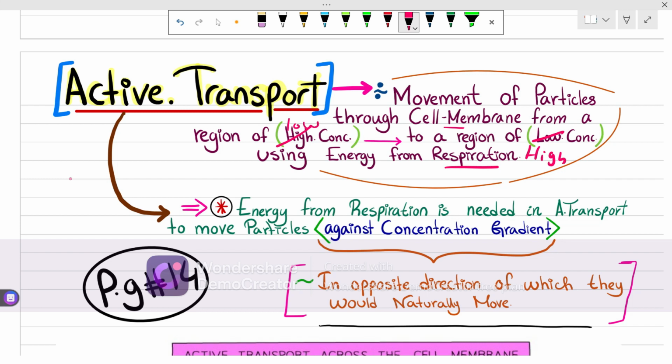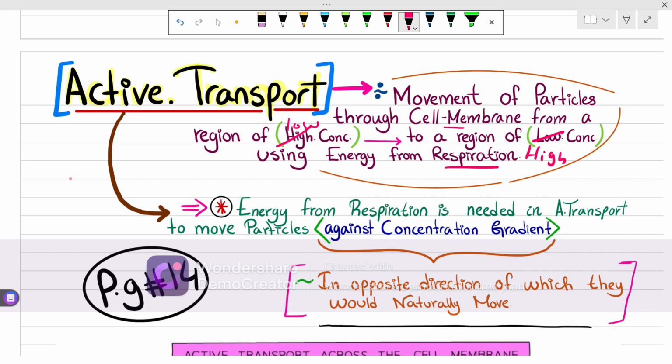Why does active transport need energy but diffusion does not need energy? Imagine you're walking on a rooftop, and suppose you suddenly fall off. What happens? You don't need energy to fall off. Gravity automatically pulls you down.